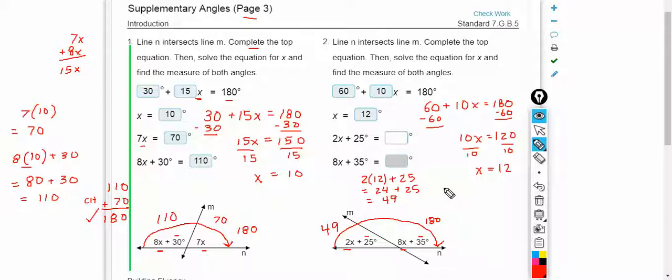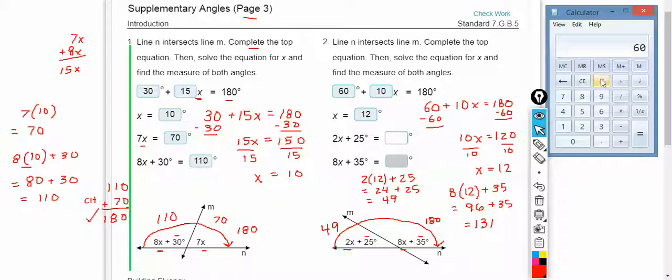Okay, here we are going to have 8 times 12 plus 35 equals 96 plus 35 equals, that's going to be 131, I believe.